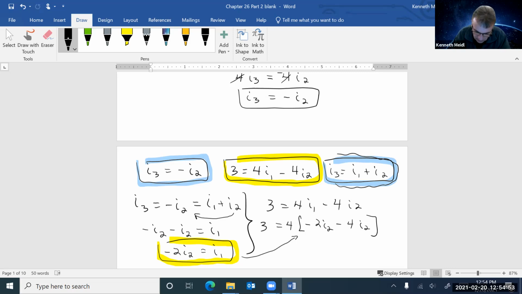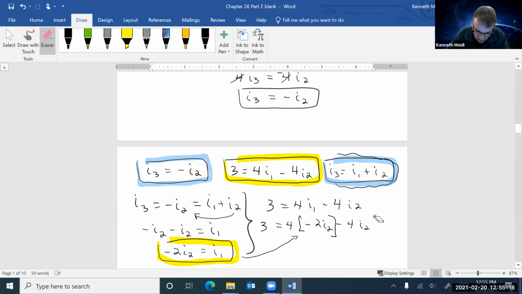Let me make sure that I don't have any algebra snafus here. So 4 I1s, 4 I2s, I'm going to substitute out I1, and I think I want to write it this way. And I think that looks a little better algebraically here.